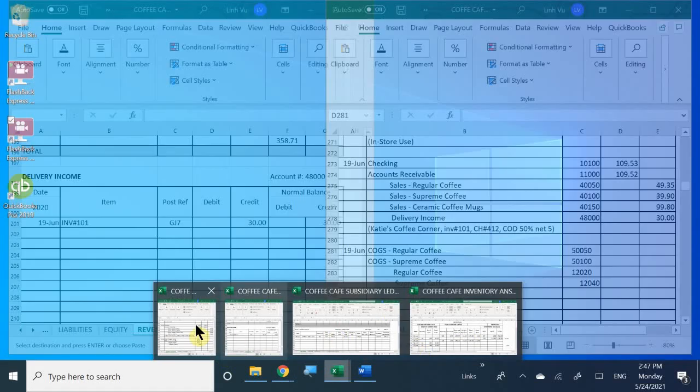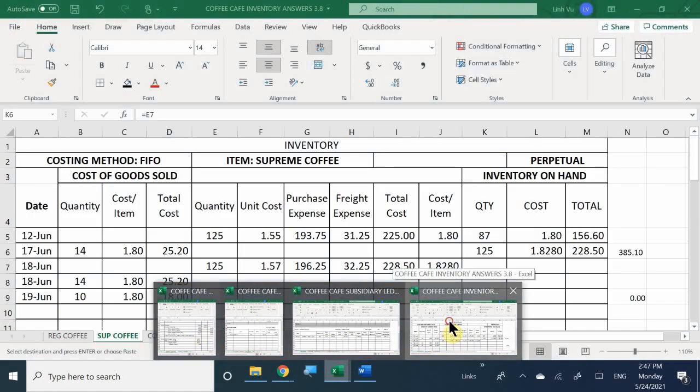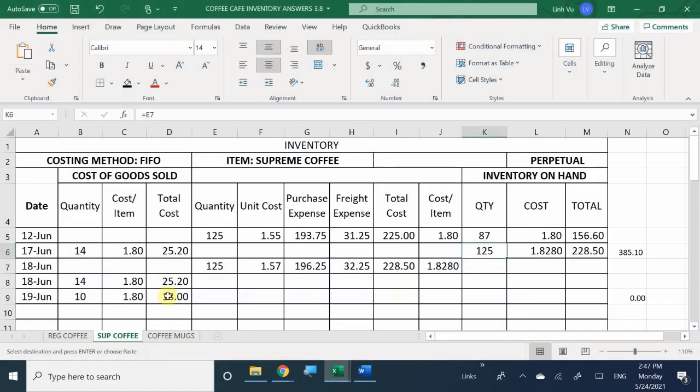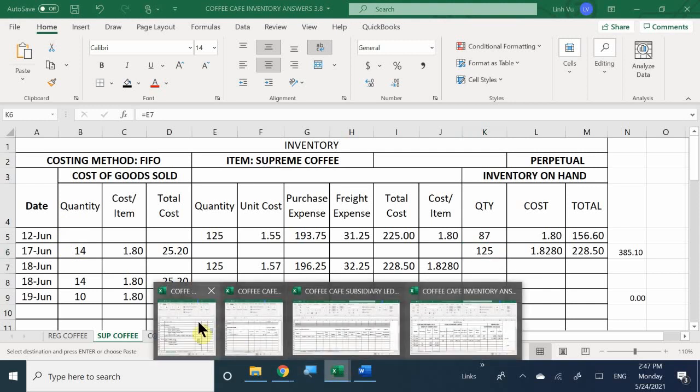In the debit, you should have 24.14 for COGS regular coffee, and then 18 for the supreme coffee.